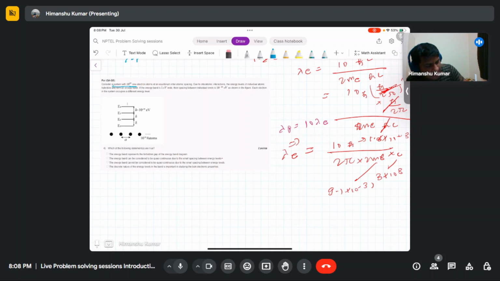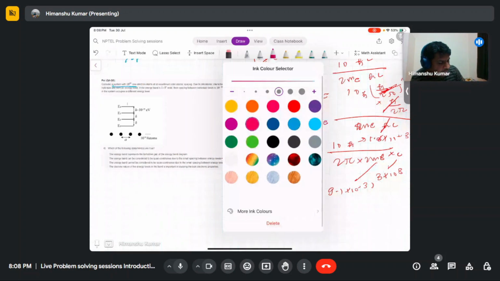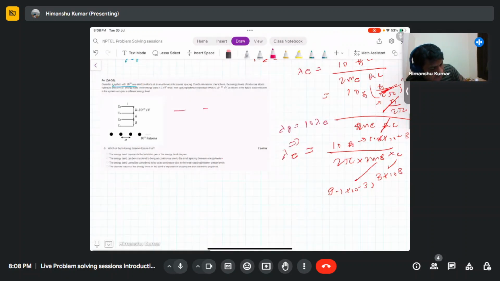If you keep all the electrons at very far away distances, then all will have the same level. But as you keep decreasing the distance, this level will get split, this degeneracy will get broken, and you have a distribution of levels.